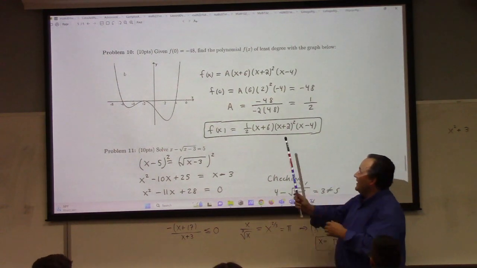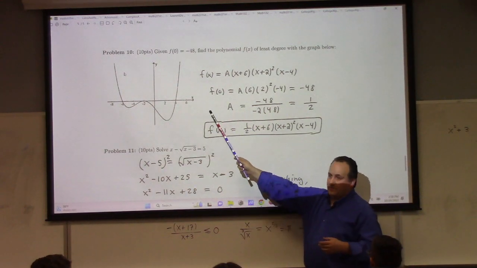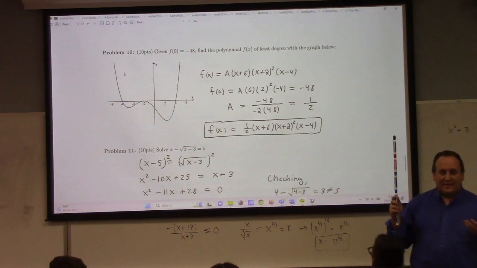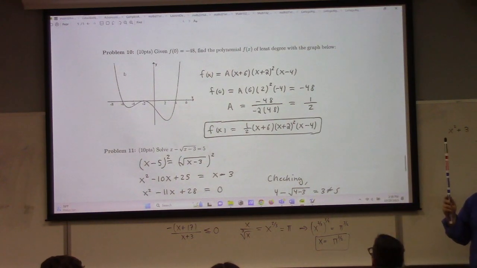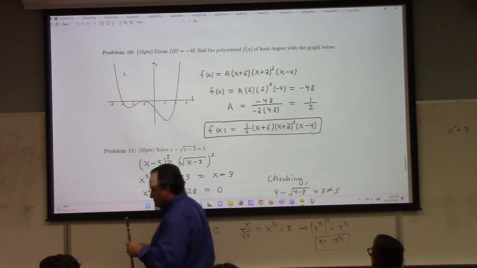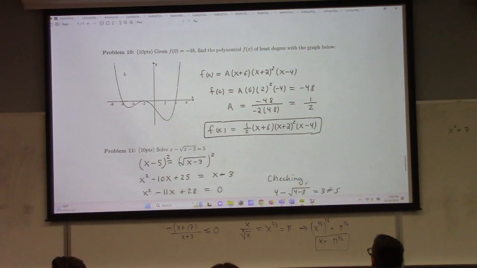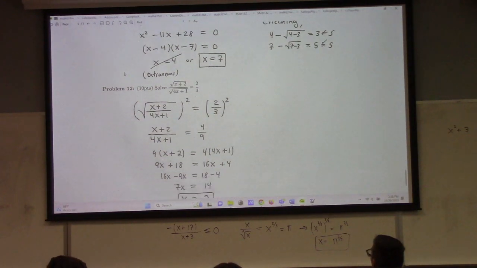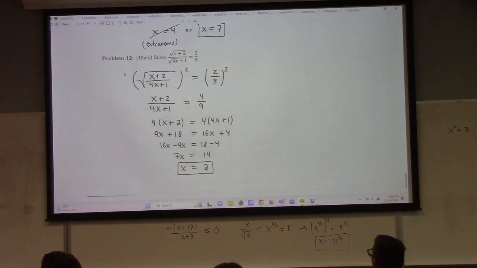So depending on what you make a, you can make the graph more steep going up or more steep going down. The choice of a sets the scale for the graph. And then a radical equation, and another radical equation. And that was it. So your test should be similar length and similar content.